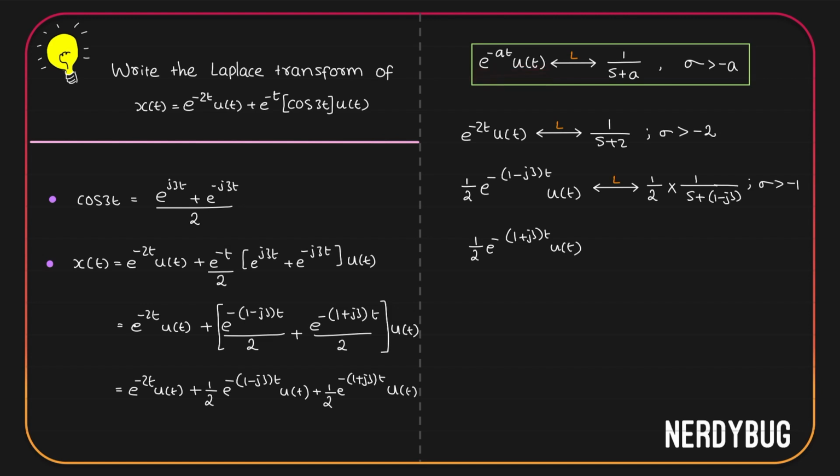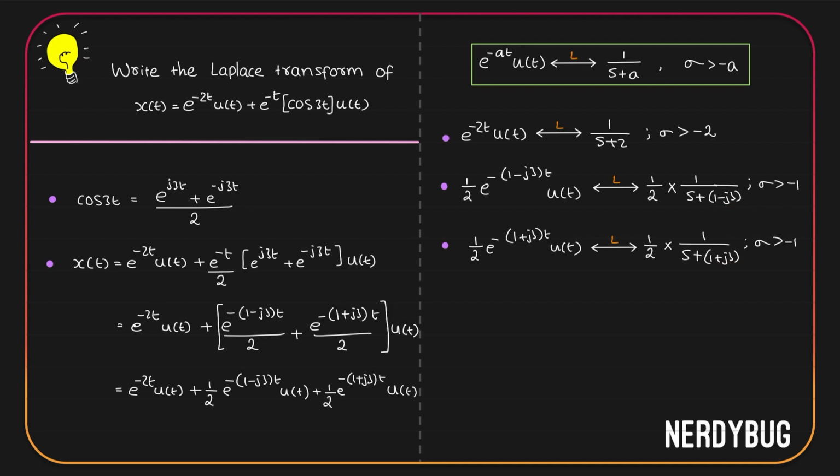Comparing with our standard equation, we can see a here is 1 plus j3. So its Laplace transform will be half into 1 by s plus 1 plus j3, and sigma is going to be greater than minus 1 here also. Because the only difference is in the imaginary part and ROC does not depend on the imaginary part.